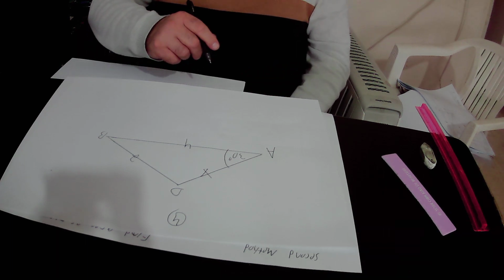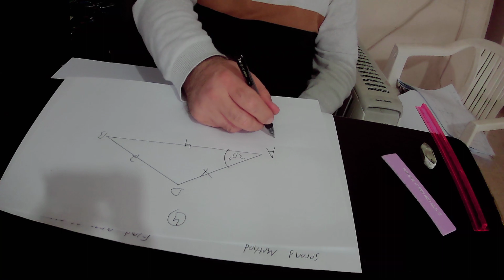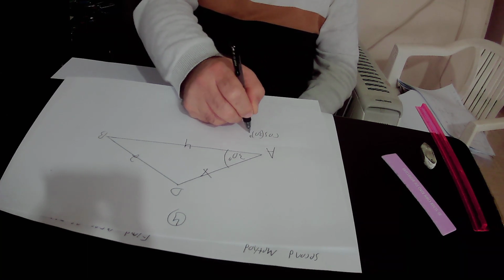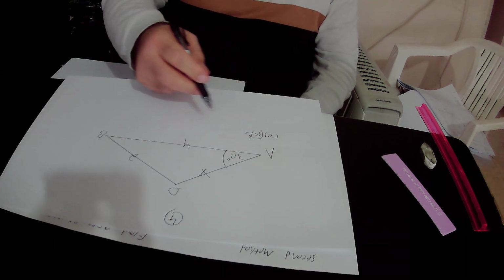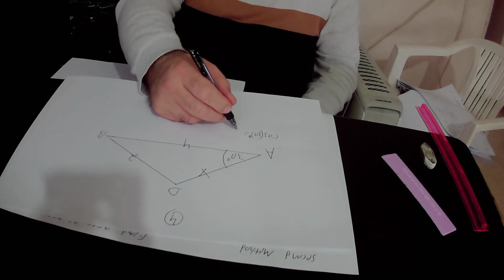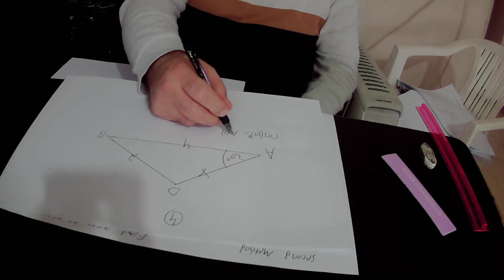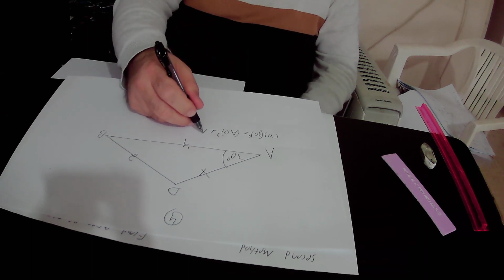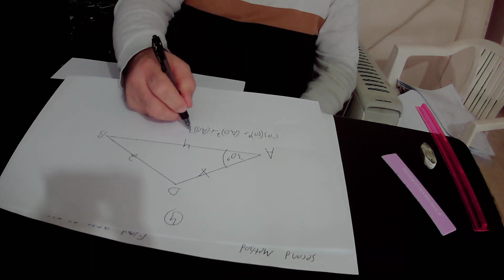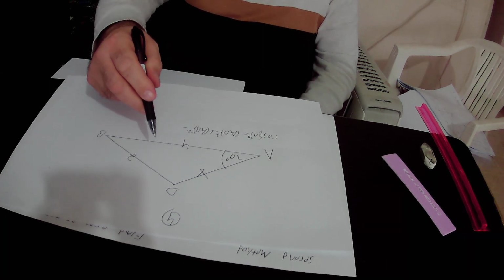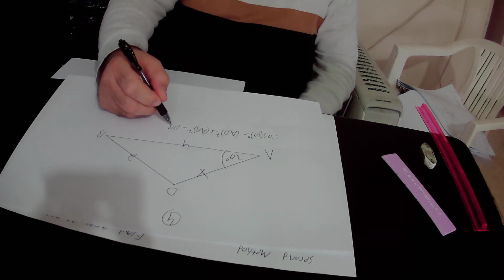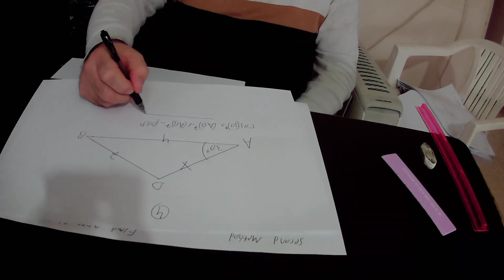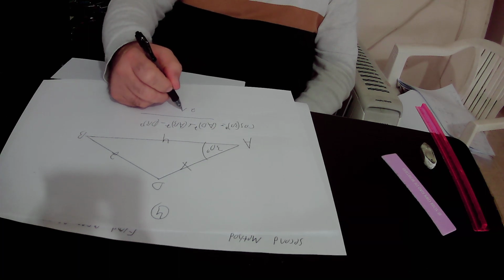According to the law of cosines on triangle ADB, cosine 30 degrees will be equal to AD squared plus AB squared minus DB squared over 2 times AD times AB.